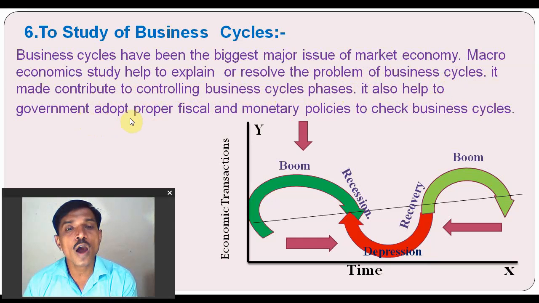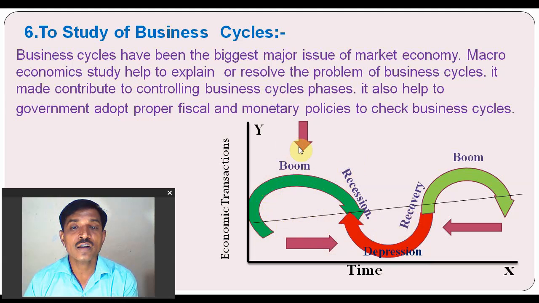So the government adopts proper fiscal and monetary policy to check the business cycles, with phases like the boom, where economic activity reaches the highest level, and after that recession begins, when economic activity is lower, and depression, where there is a lot of trouble for producers and the government.